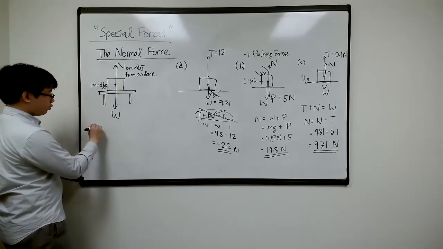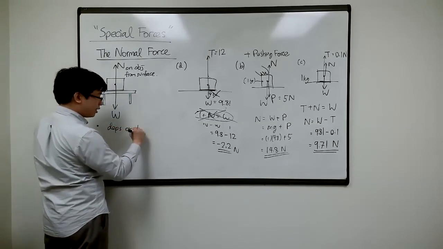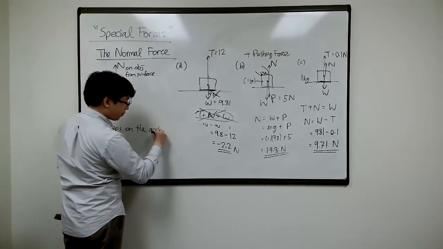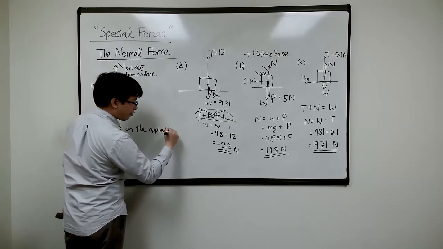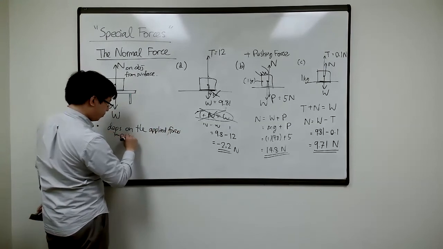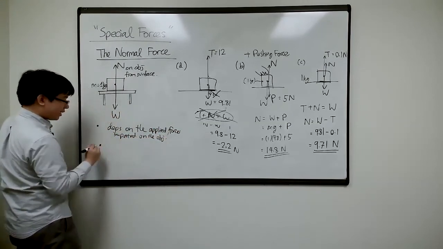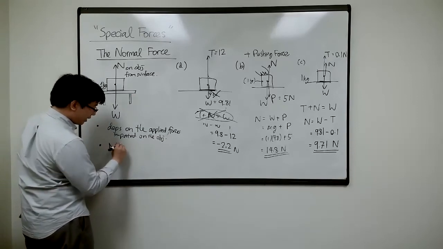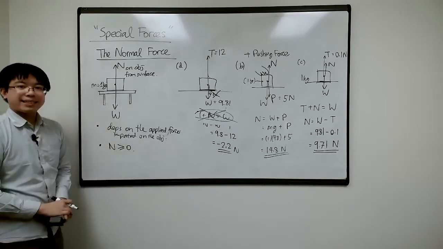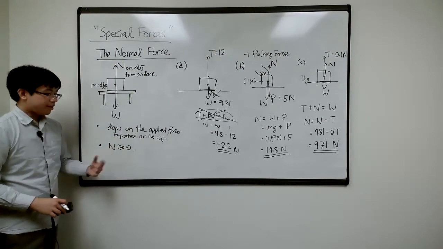Just to recap, the first property is that it depends on the applied forces imparted on the object. And the second is that n is always larger than or equal to 0. It cannot go less than 0. So you have to use a little bit of common sense to analyze the situation with this point. Okay.